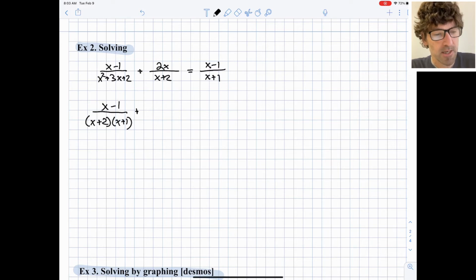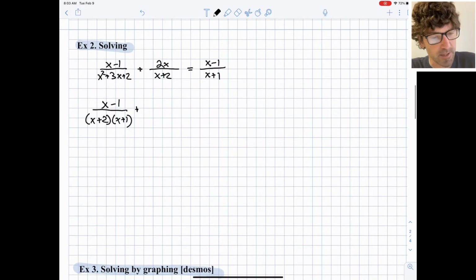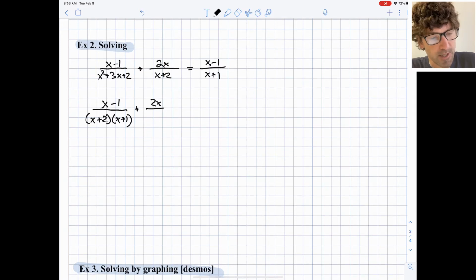And at the same time, I'm going to multiply the other two fractions by the appropriate values to get common denominators. So I will do 2x over x plus 2, and I'm going to multiply this by x plus 1 over x plus 1.